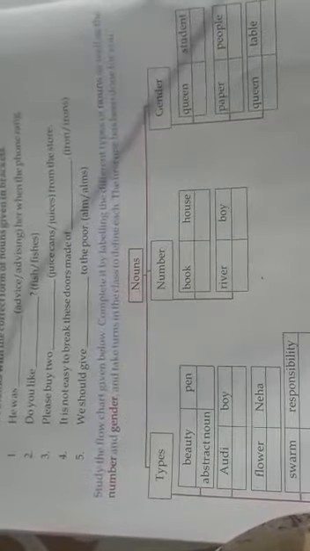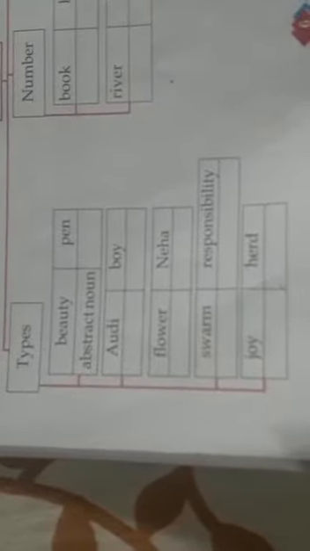So, here I have a table or a flow chart for you all to answer. In this box, you all have to say the type of the noun in the provided space.